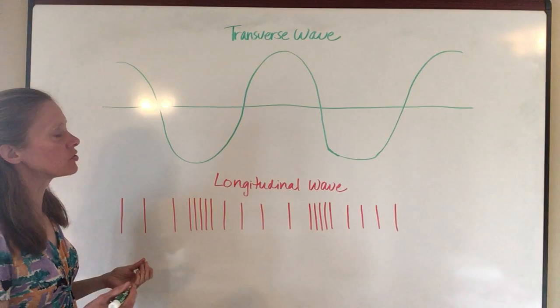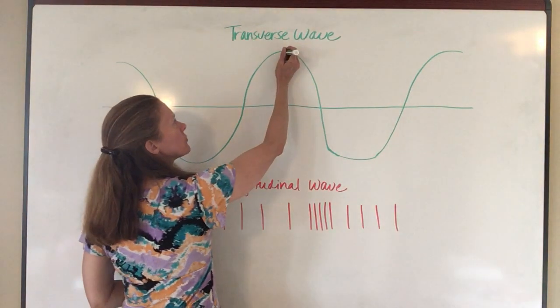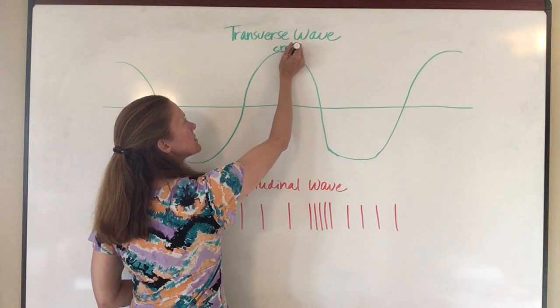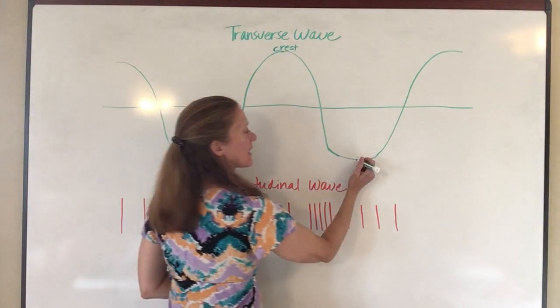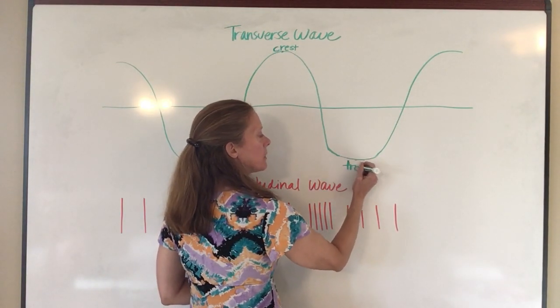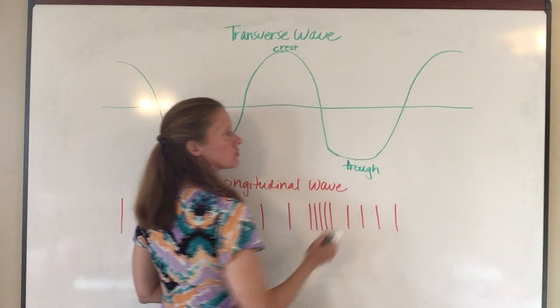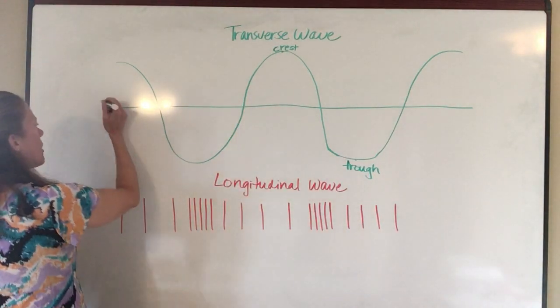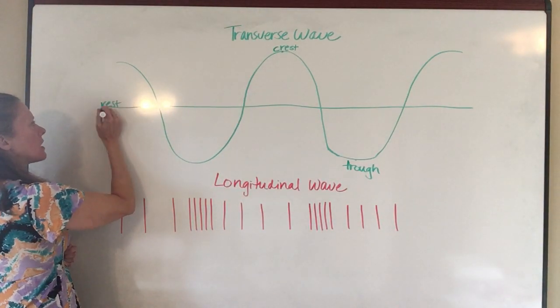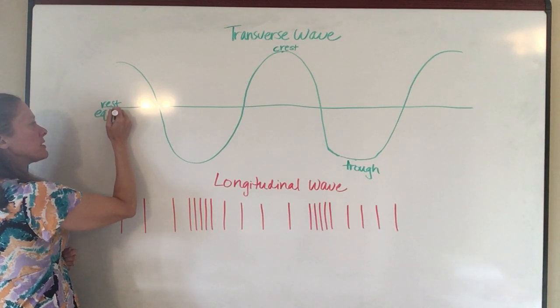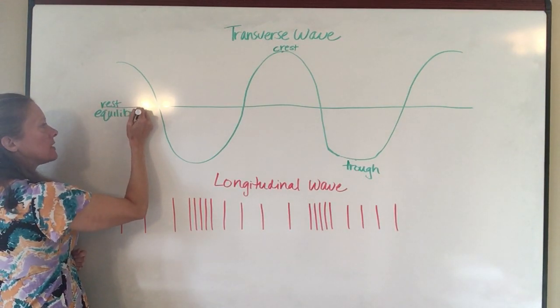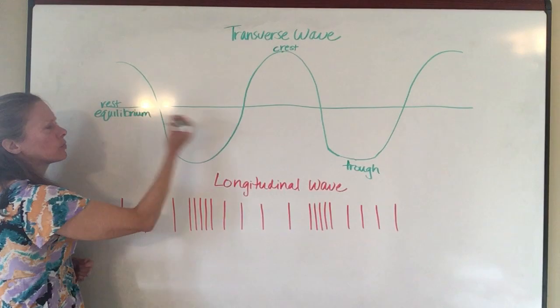So a transverse wave has a crest up at the top, and then down at the very bottom, it has what's called a trough. This is also going to have a rest or an equilibrium position, which is going to be right in the middle of the wave.